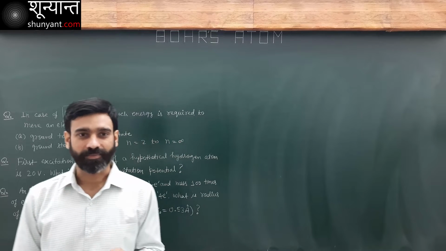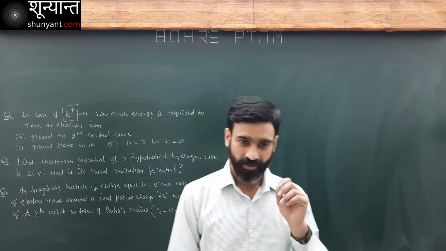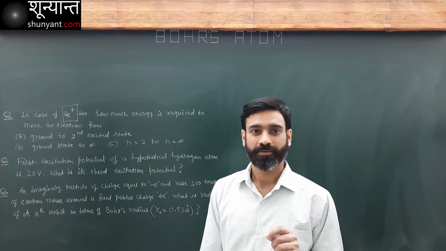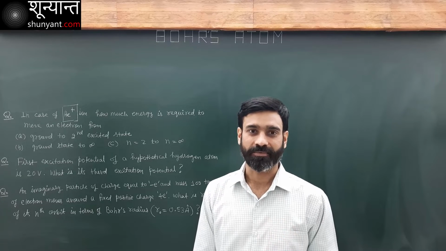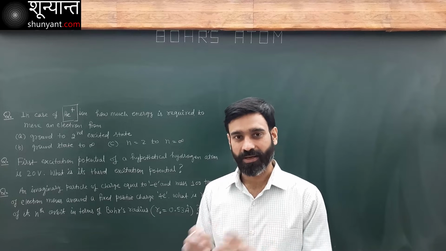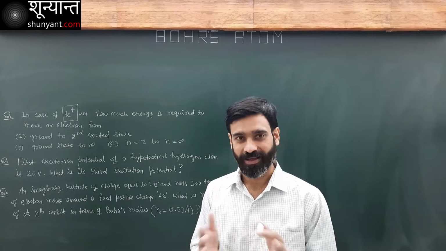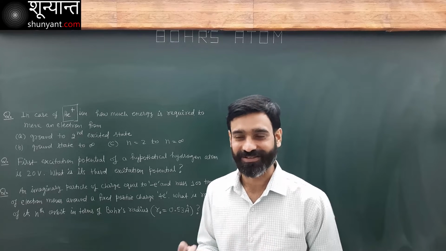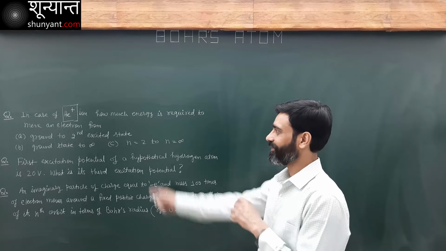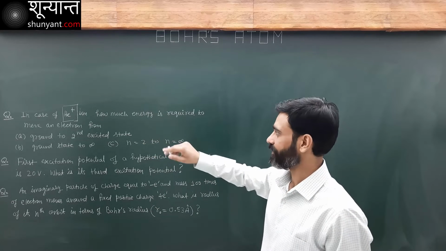Bohr's theory is applicable only and only for one electron system, that is hydrogen plus hydrogen-like atoms. What is the meaning of hydrogen-like? It means like hydrogen, one electron system, one single electron. Helium positive ion, He plus, one electron.